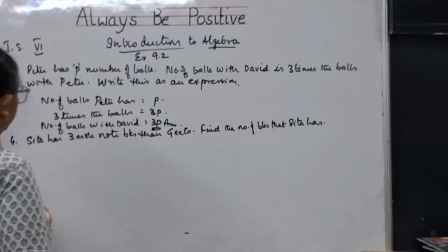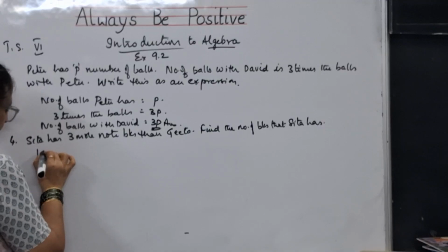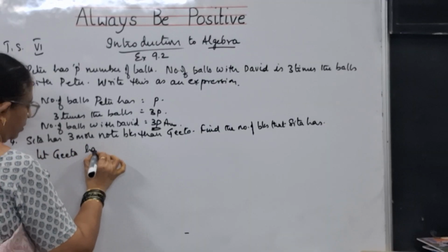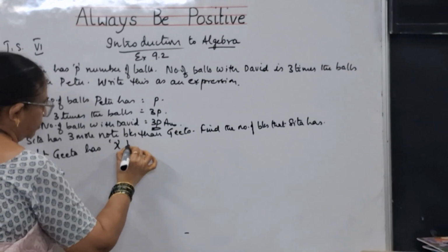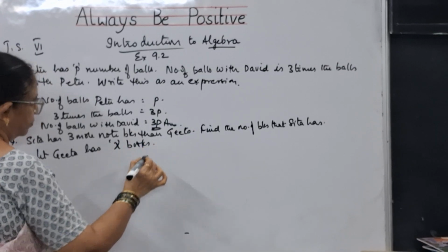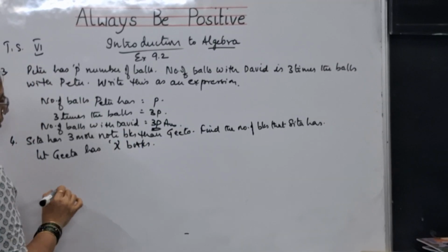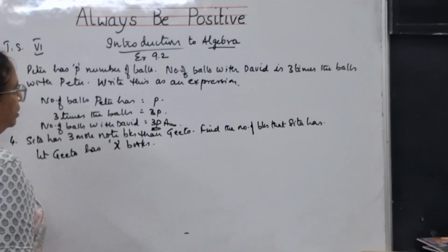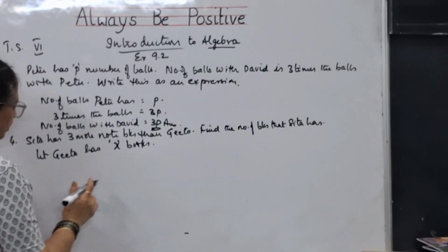So let Geeta has x books. Then Sita has 3 more books than Geeta. So first Geeta's books x.